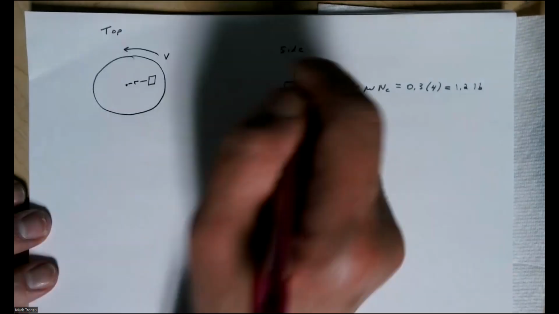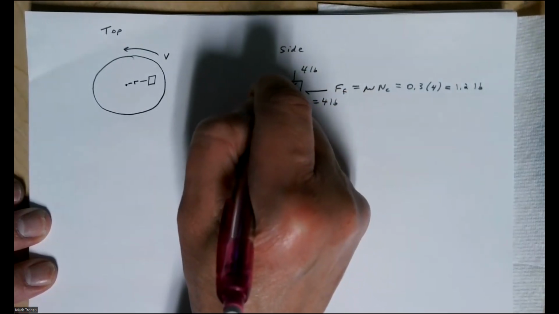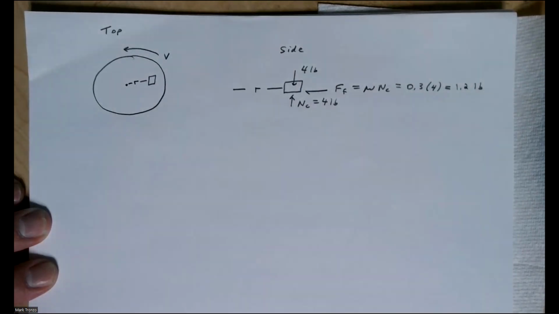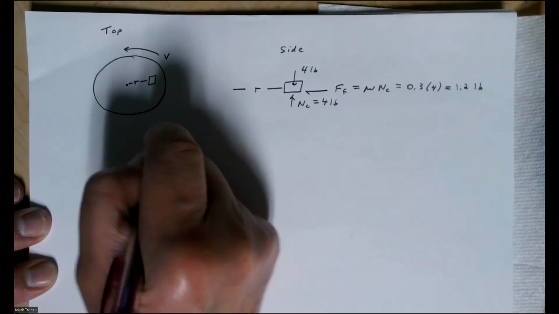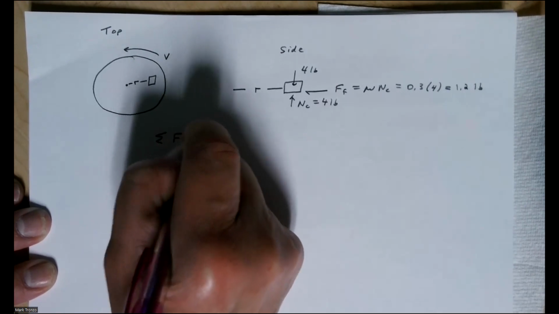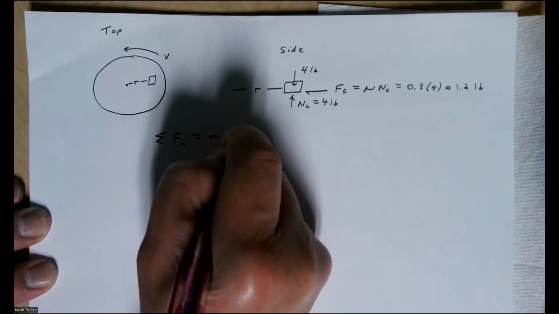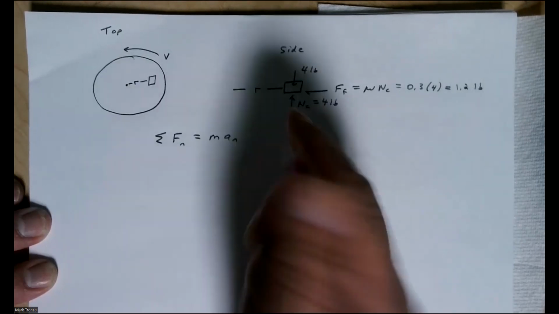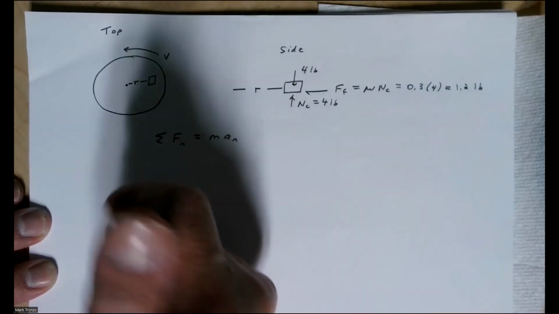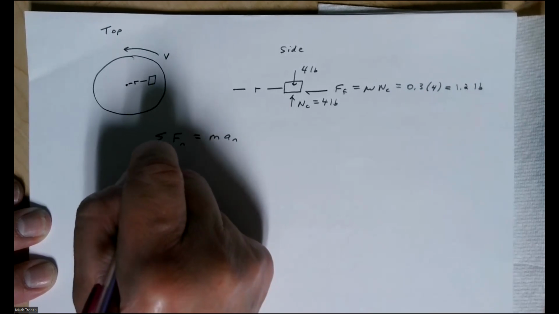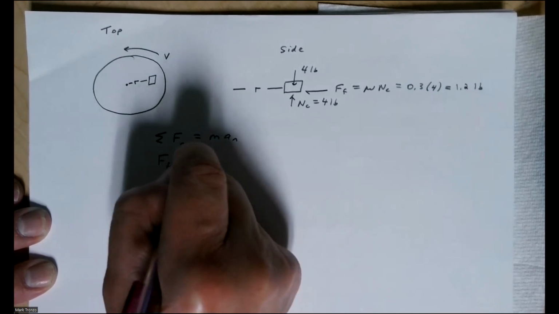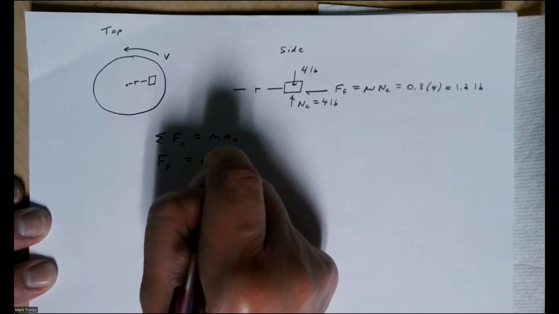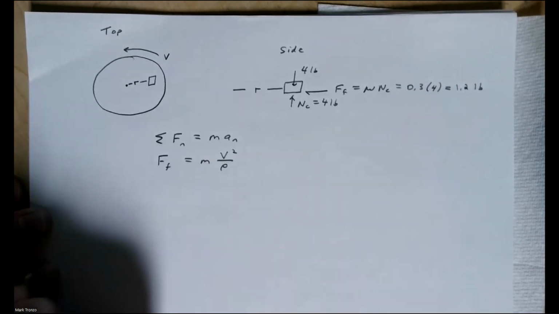And again, the R is kind of in this direction. So again, let's just sum the forces in the normal direction. And again, all we have is friction. Again, friction is towards the center, so that's positive. So let me just write this down. And then, of course, this could be the mass times velocity squared over rho.